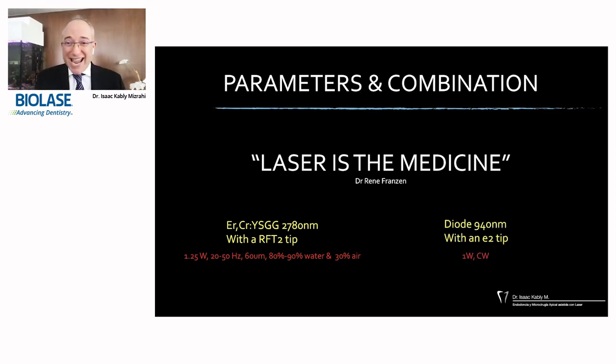And if we combine this with a 940 nanometer laser with an 82 tip at 1 watt continuous wave, where legally approved, this will give us a huge amount of disinfection that I'm going to show you in the next moments.